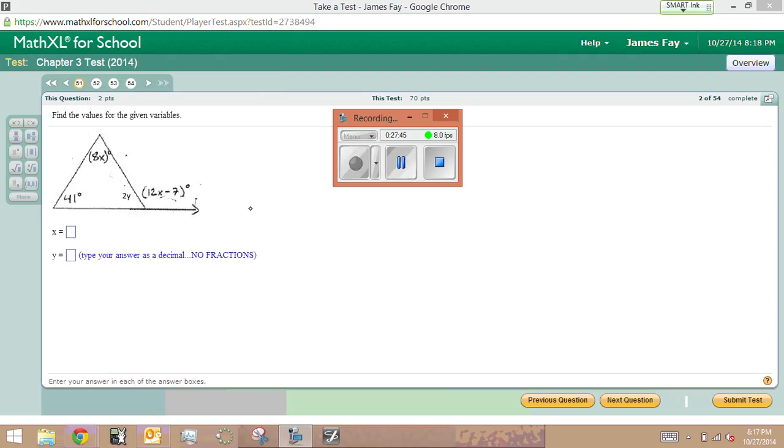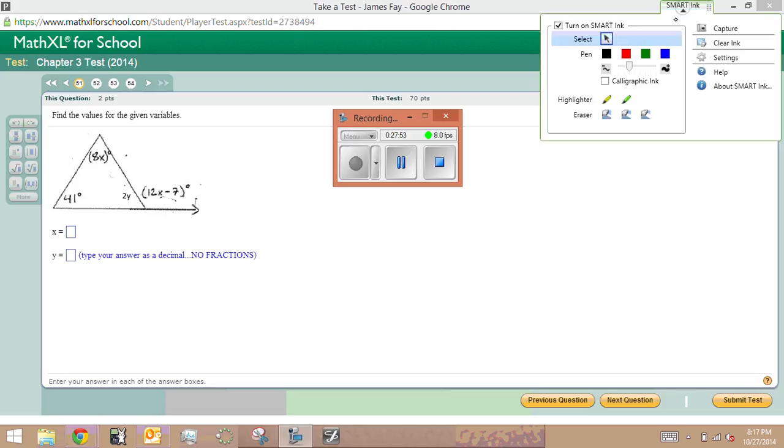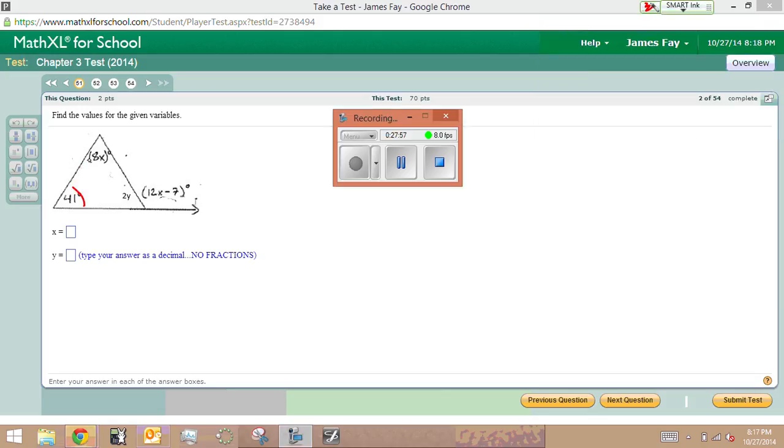Okay, 51 is the triangle angle sum theorem. They're asking us to find x and y. The two relationships you see are that that angle and that angle are the triangle angle sum theorem. So we've got 41 plus 8x plus 2y should equal 180. Okay, there we have two variables, so that's a problem.